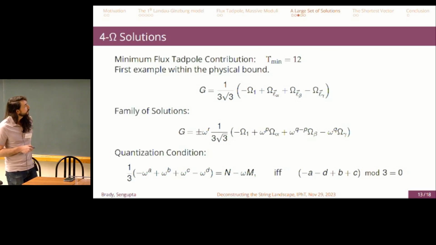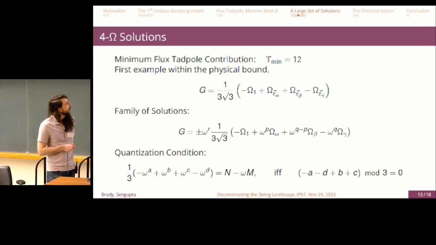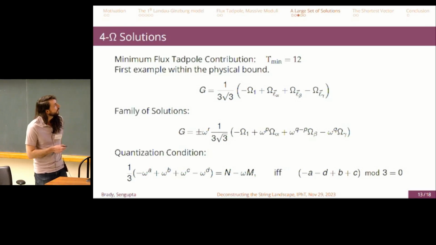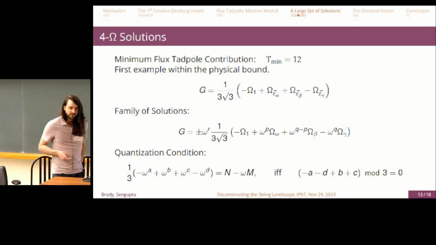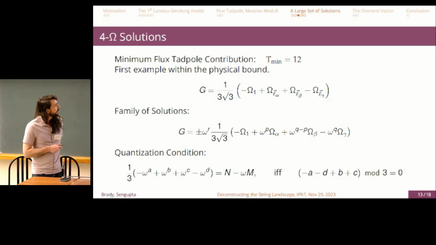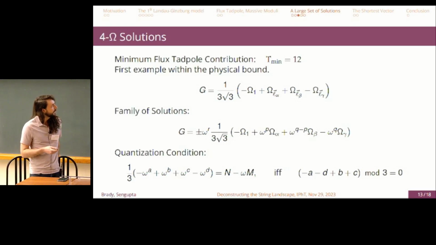The quantization condition in this situation follows this pattern, where it's the sum and difference of the appropriate phases. We find that this is properly quantized if and only if the sum and difference of the coefficients A, B, C, and D, modulo 3, is equal to 0.